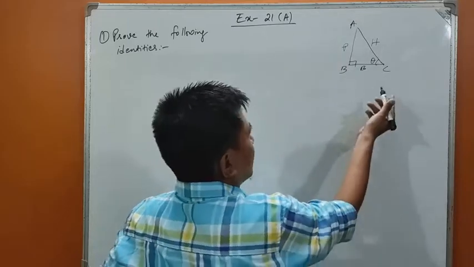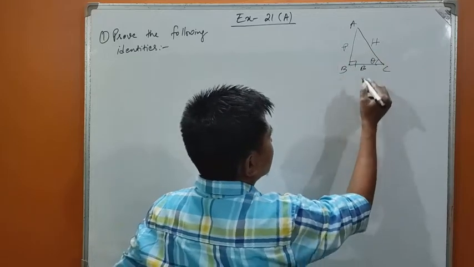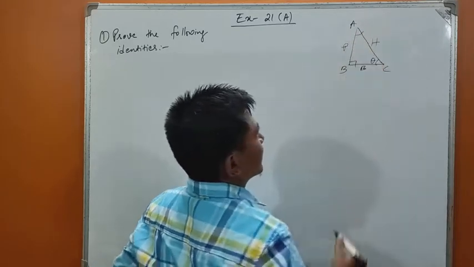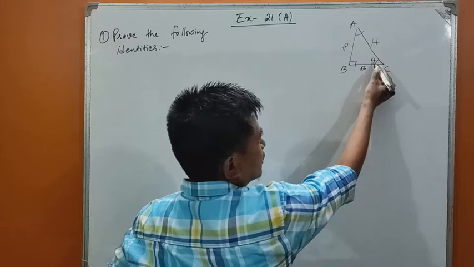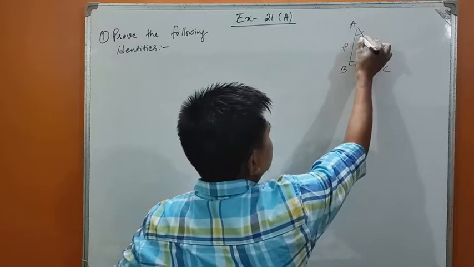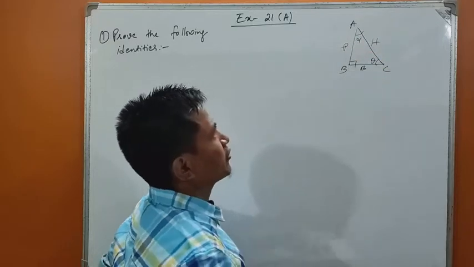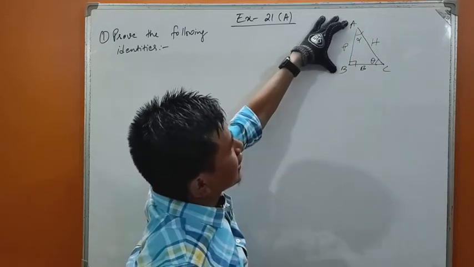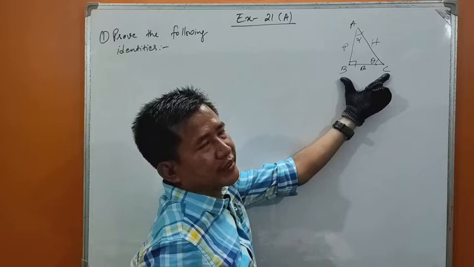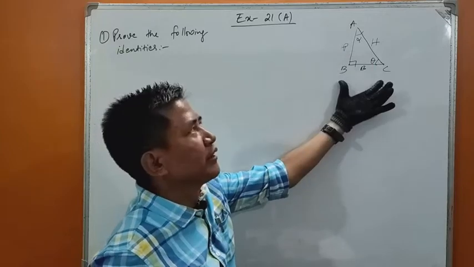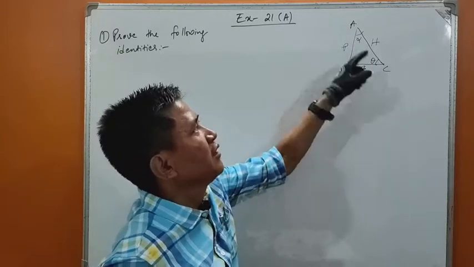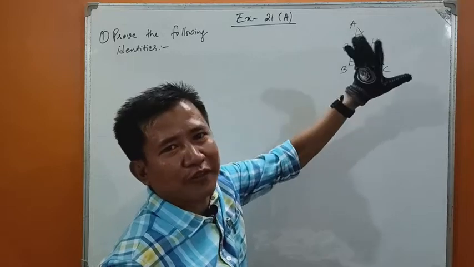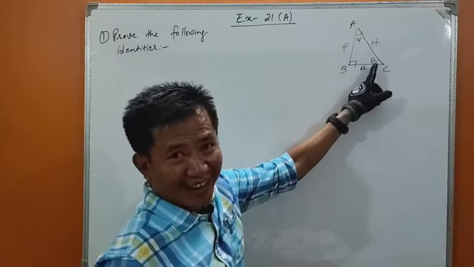But if we turn the triangle and talk about angle A, suppose this is angle alpha, then the base will be AB and the perpendicular will be BC. That means perpendicular and base can be interchanged simply by considering the angle, isn't it?